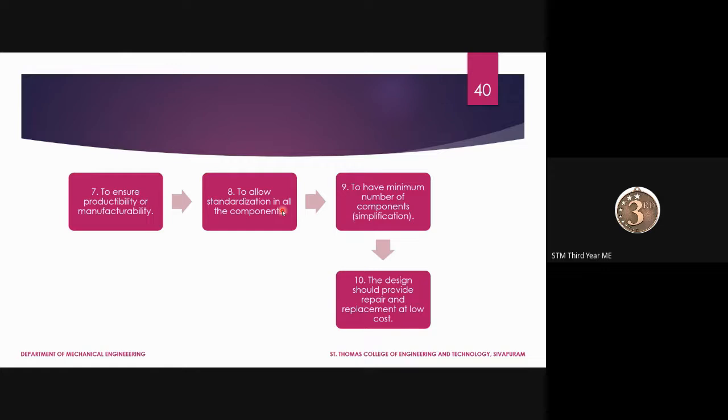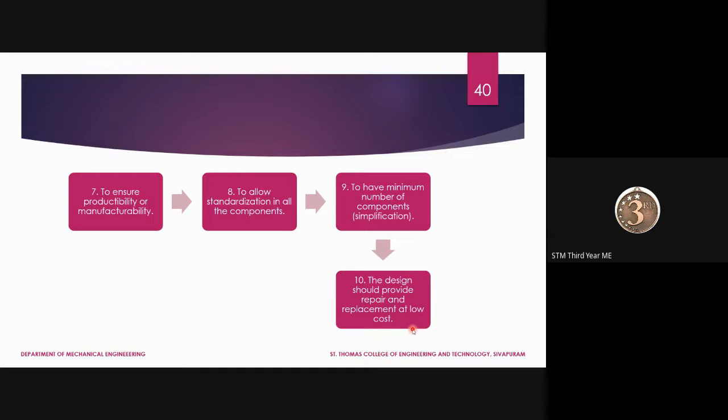And also, if you have multiple numbers of the same components, due to the huge productivity or manufacturability, there will be multiple components present, or the demand for that component will be less. Hence, the price will also be less, and that is ensured here. So the objective here is to obtain the simplified or standardized component at low cost.